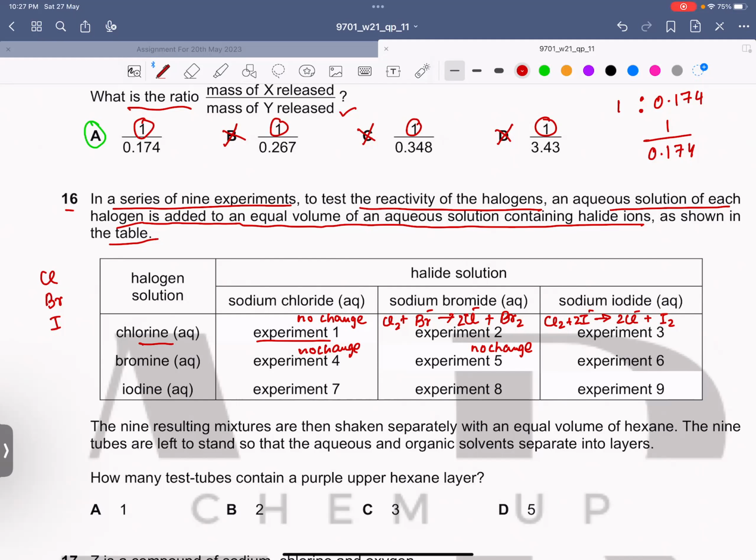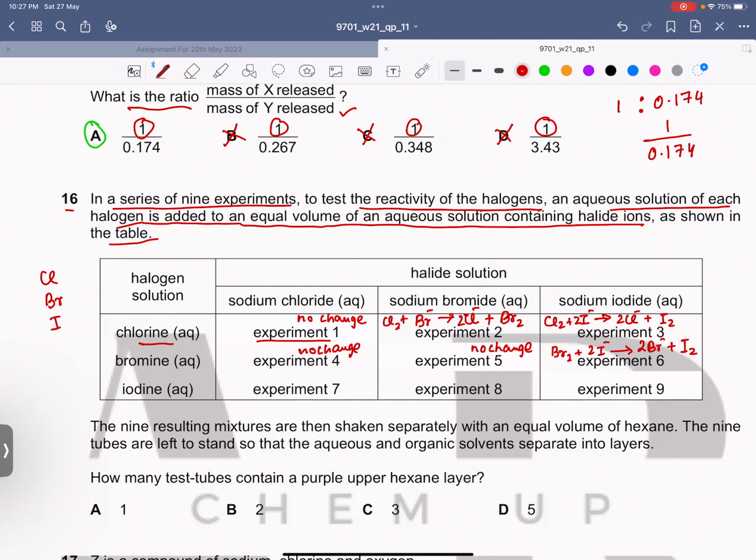But here, when bromine is added to a solution containing iodide, bromine turns into bromide and iodine will form. Is this understandable to everyone?